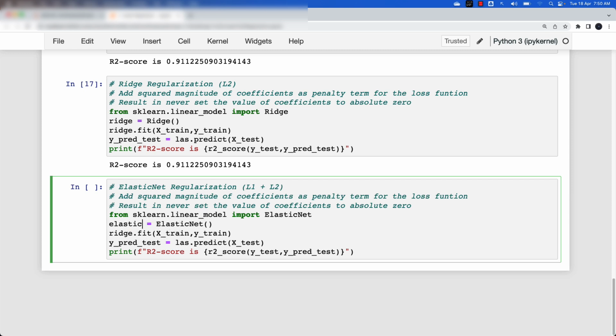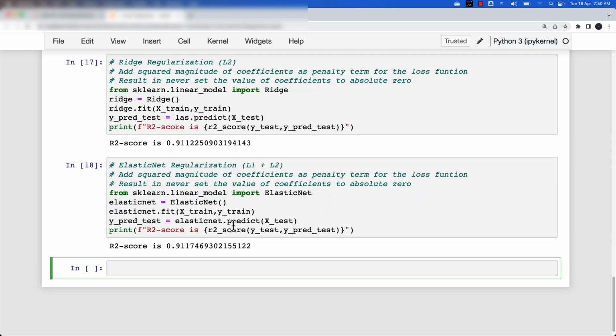I'm going to apply it on this given data set. I'll initialize my elastic net, and if I perform the fit, we are getting similar performance as we got earlier.